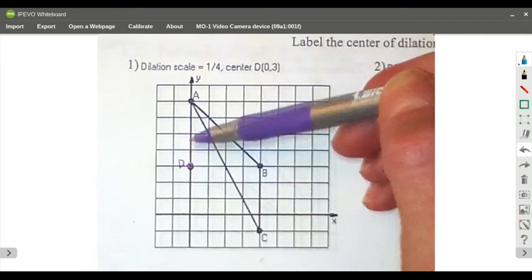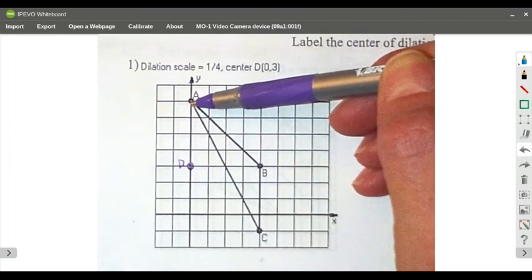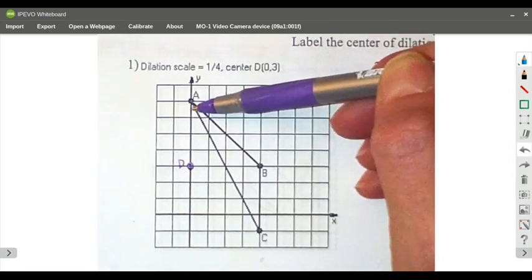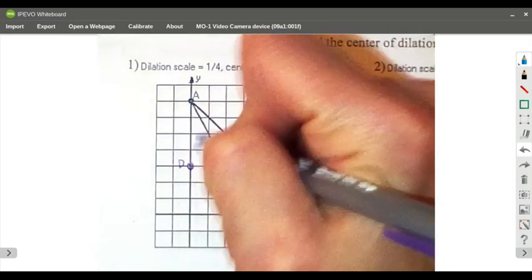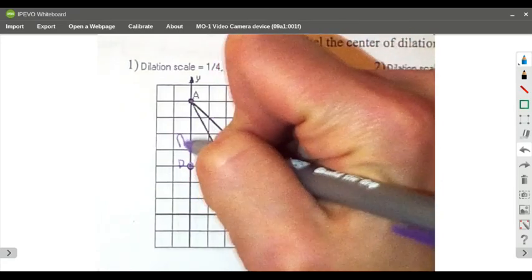So A is 1, 2, 3, 4 units up. So the path from D to A is 4. The path from D to A prime needs to be 1/4 of that. So 1/4 of 4 is 1. So instead of going up 4 to A, I'm only going to go up 1 to A prime.